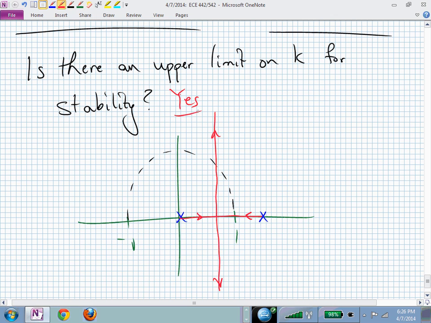The answer was yes. And now what we want to do is find the gain to get us to that triangle. And that's our upper limit.